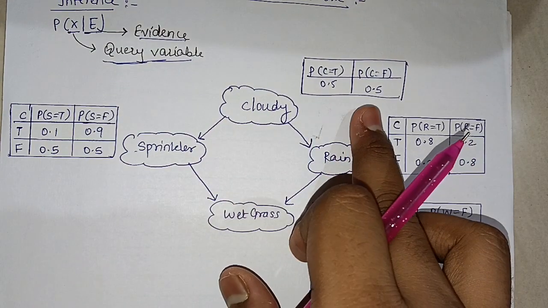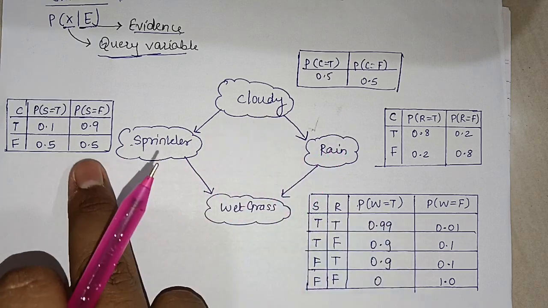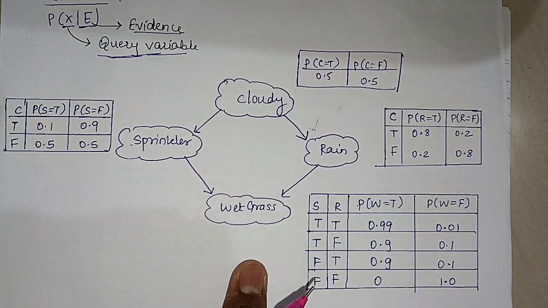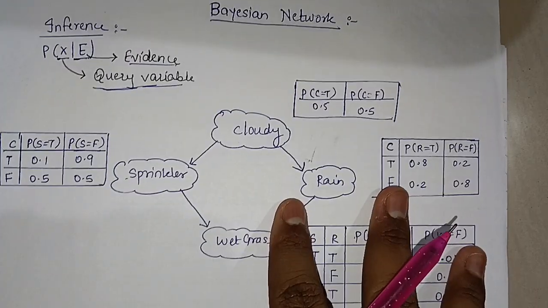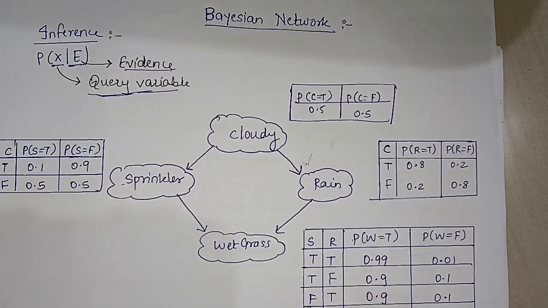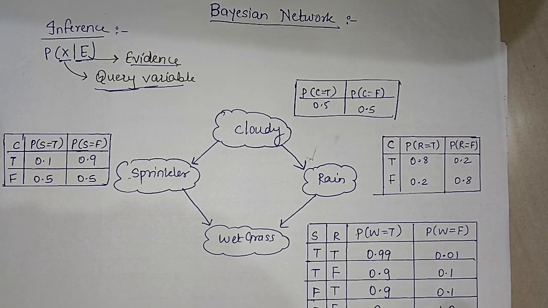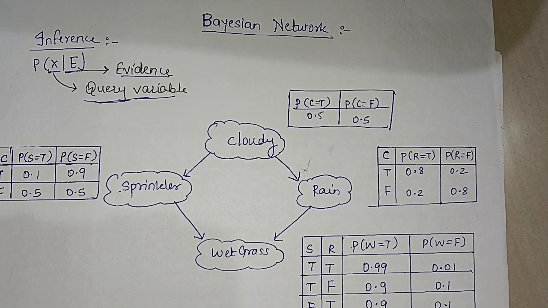Here cloudy is independent, sprinkler and rain are dependent on cloudy, and wet grass is dependent on sprinkler and rain. As you all know, the Bayesian network is a directed acyclic graph. So let's start solving.